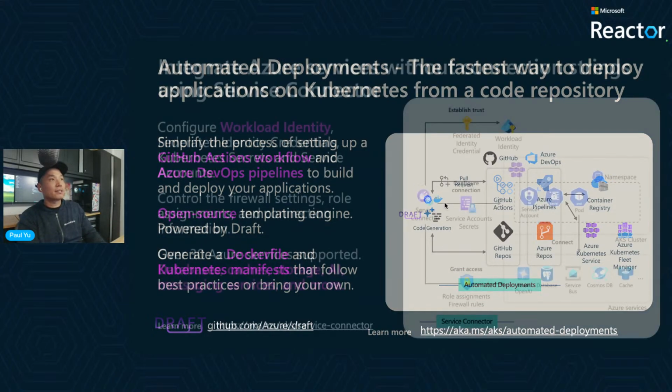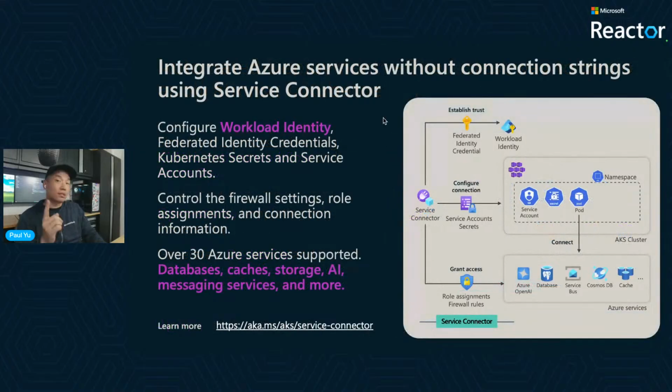The next thing here is Service Connector. We're going to touch on that next. Basically, Service Connector allows you to connect an Azure service, in our case, Azure Cosmos DB, with an application that's running inside of our Kubernetes cluster. If you've done workload identity in the past, you will know that it's a little tedious to set up, right?